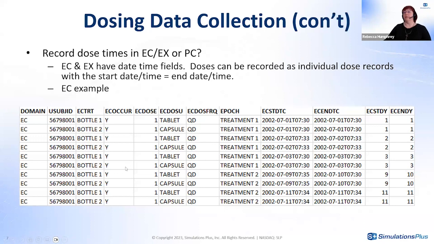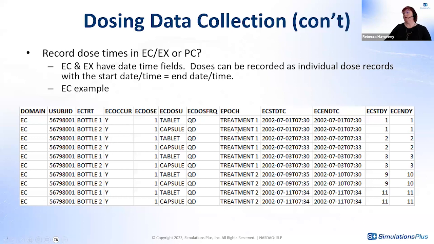Looking at this example, this is one subject, and you can see that each record has a start and an end date, and those start and end date times are equivalent. So each record is representing one dose, with the exception of the record from days 9 and 10. The start date would be day 9 and the end date would be day 10.